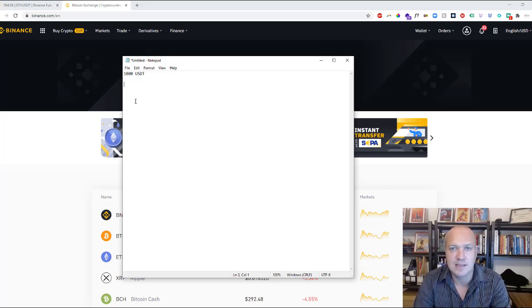So let's say my 1,000. For example, I have a 10-time multiplier. That means that my budget is now 10,000 USDT. So with that multiplier in place, I can buy, let's say, Ethereum. Ethereum is priced at 600 at the moment.